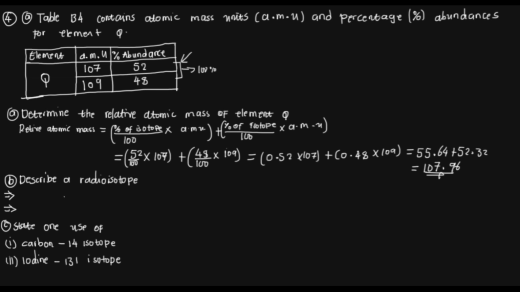Now let's go to describe a radioisotope. First let's define isotopes: atoms with the same atomic number, or the same proton number, but different nucleon number.